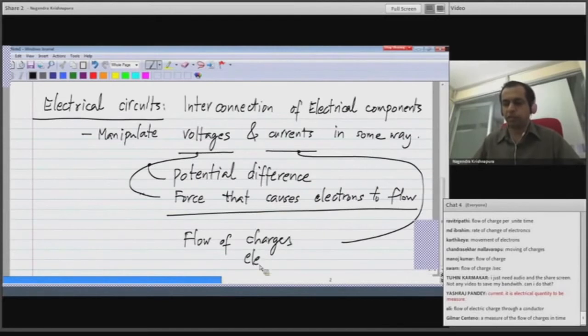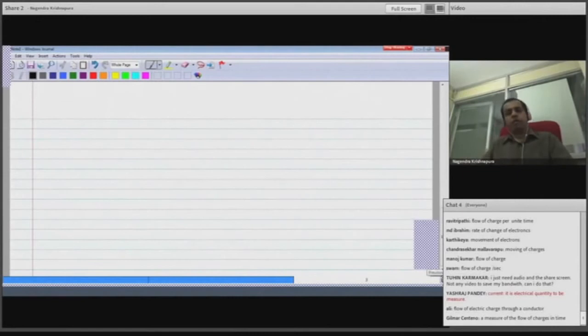Okay, and some of you also said that it is the rate of change of charges or rate of flow of charges, and these things are quite correct. Okay, and in the definition for voltage, some of you also related it to the electric field, which is quite correct as well.